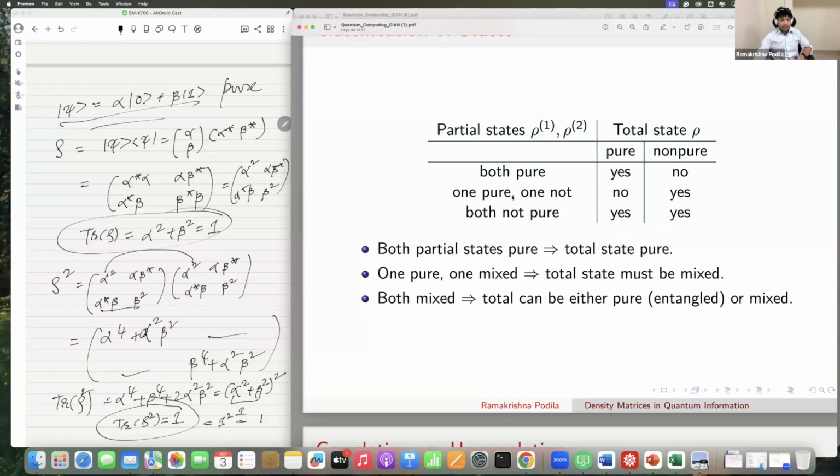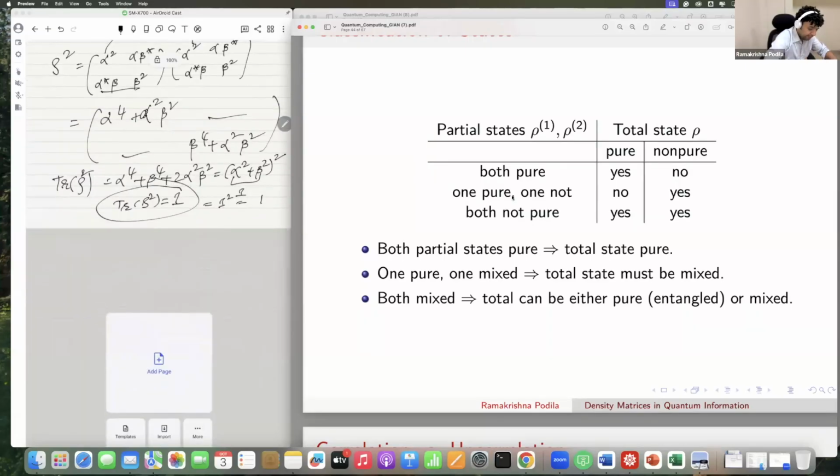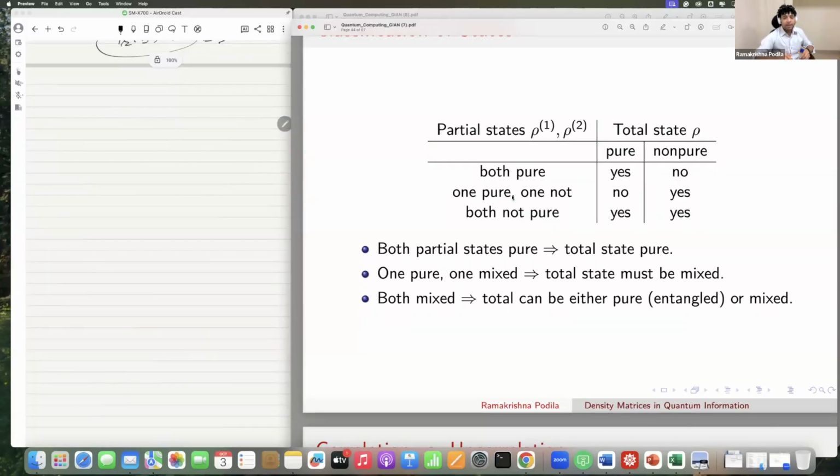So if both states are pure, that is, if I have both states where trace of rho squared is 1, and you combine them, so we're talking about a system where we have rho 1 and rho 2, right?